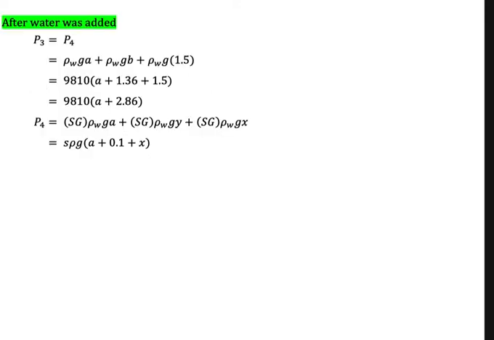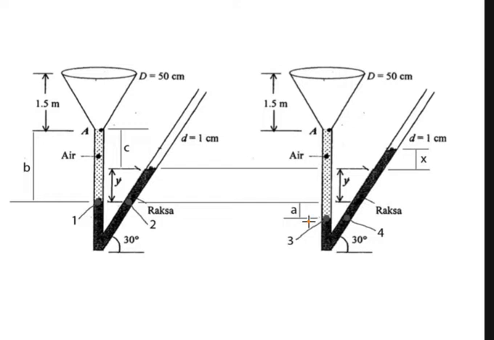After water was added, we could calculate like this. We assume that P3 is equal to P4. According to this diagram, if we have a line here, and this is point 3, the pressure at point 3 is equal to the pressure at point 4.